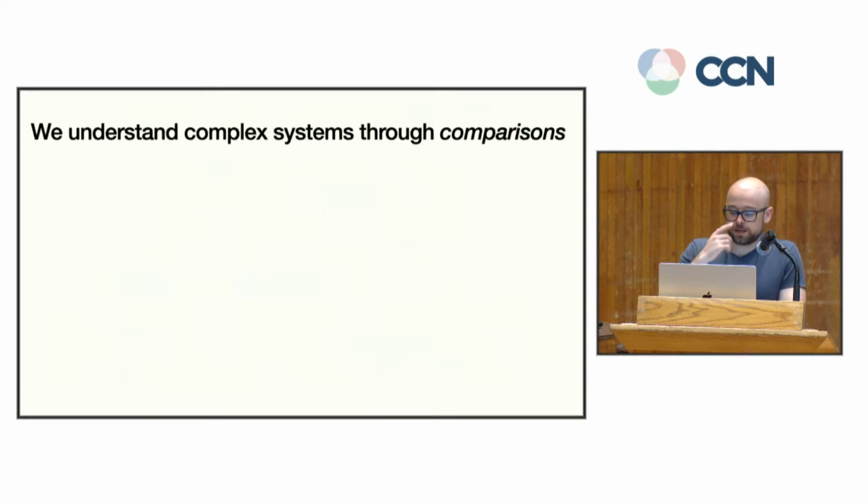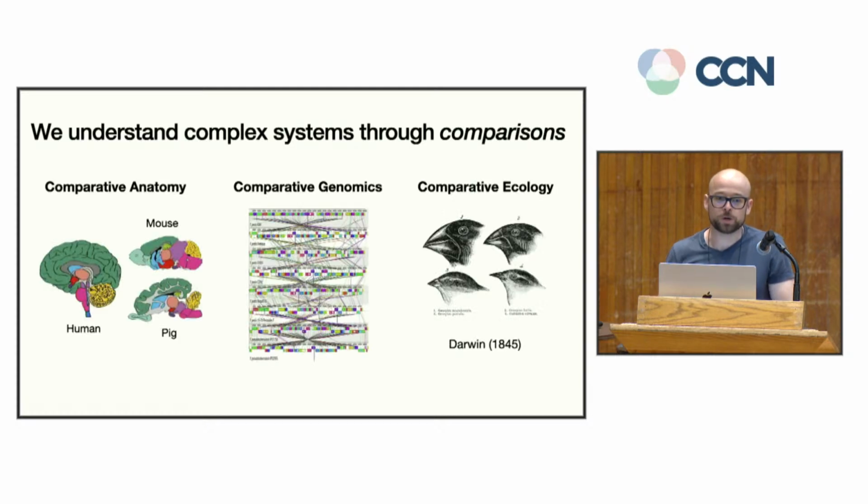I'm interested in this topic of quantifying similarity in neural representations or neural population codes because I have a deep-seated belief that in order to understand complicated biological systems, we need to lean very heavily on a comparative lens or perspective. If you take a broad view of the field of biology, I think the importance of comparisons is really undeniable.